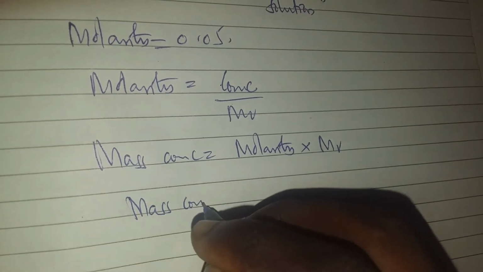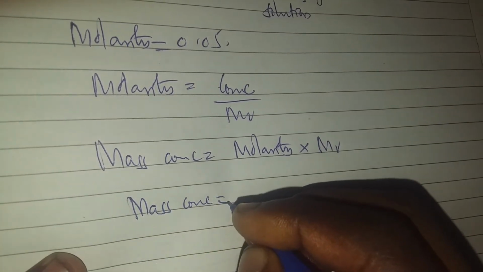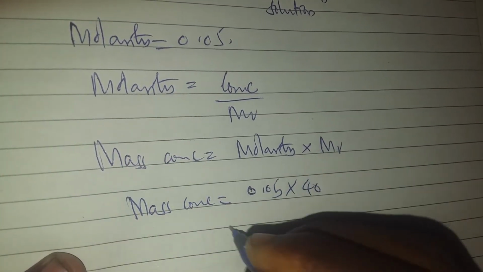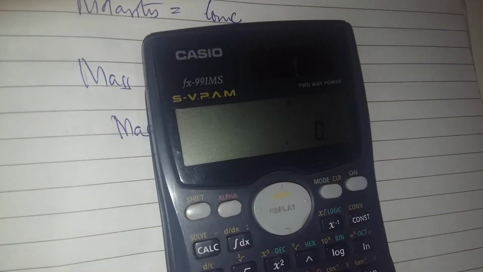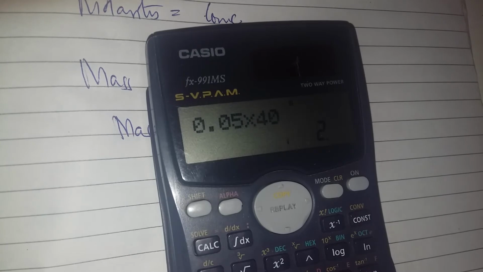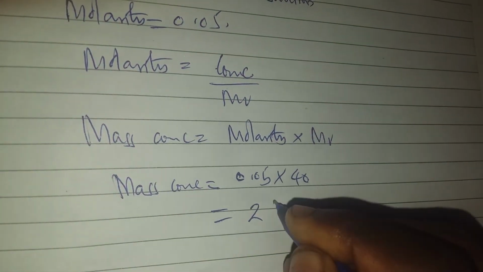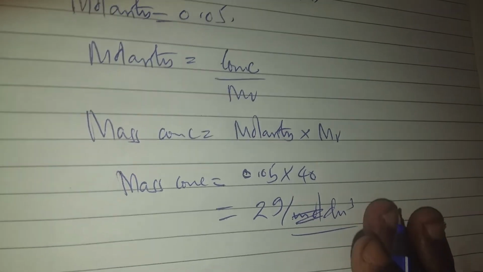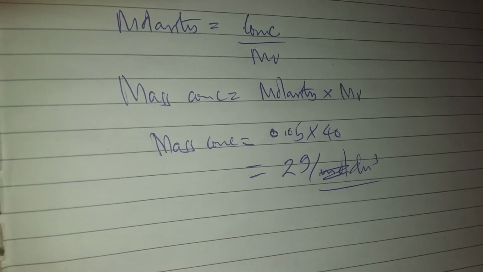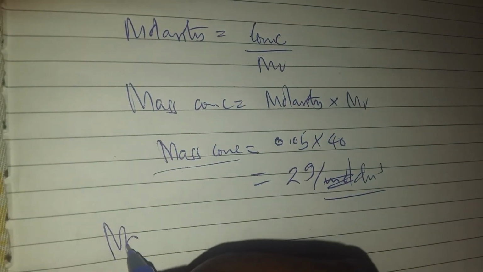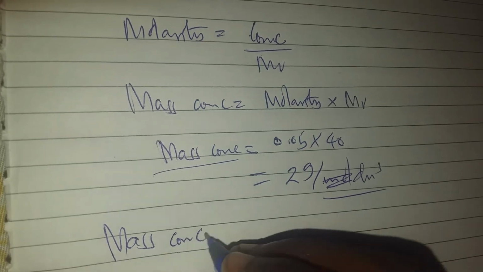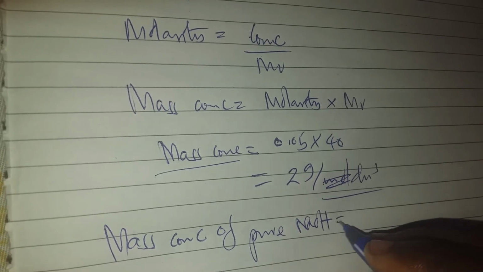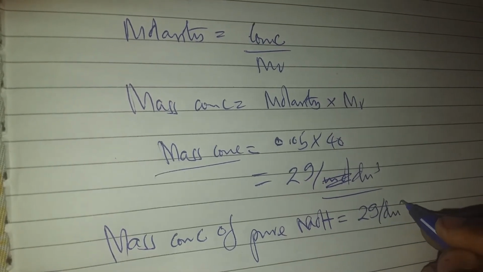Mass concentration will be 0.05 times molar mass of sodium hydroxide, which is 40. So we get 0.05 times 40, we get 2. It is 2 gram per dm cube. From there, this is the mass concentration of pure sodium hydroxide, equal to 2 gram per dm cube.